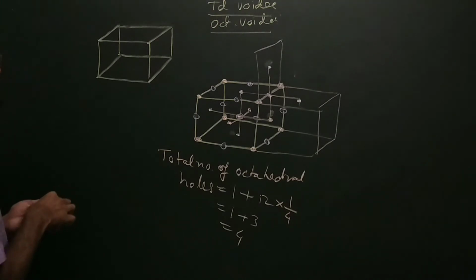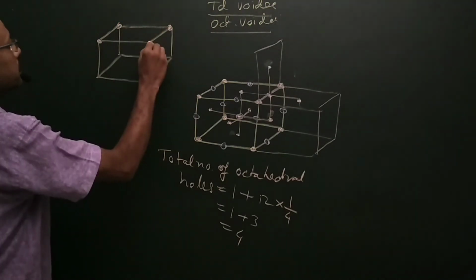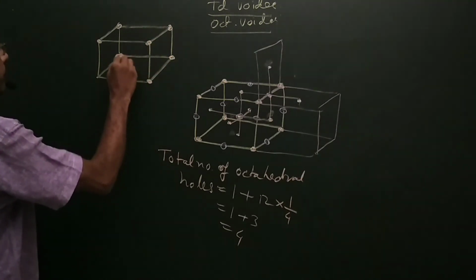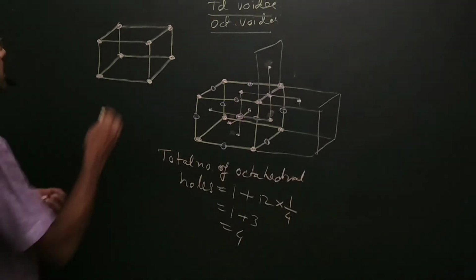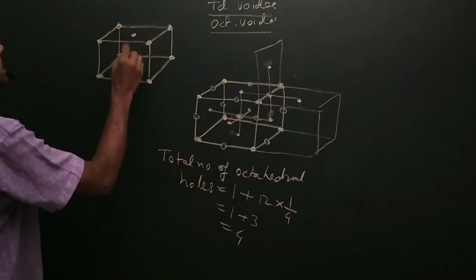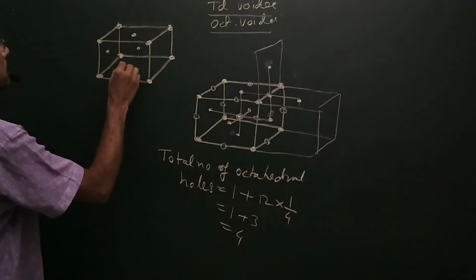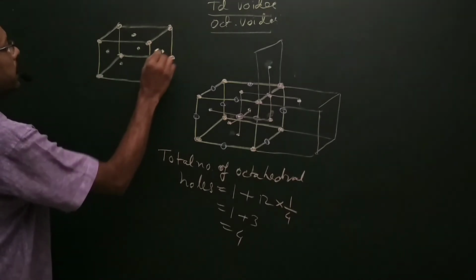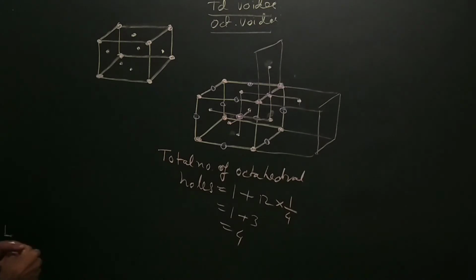There are particles at the corners, 8 particles at 8 corners, and particles at the face centers. 6 faces: backward, front, right hand side face, and downward face. There are 6 particles.